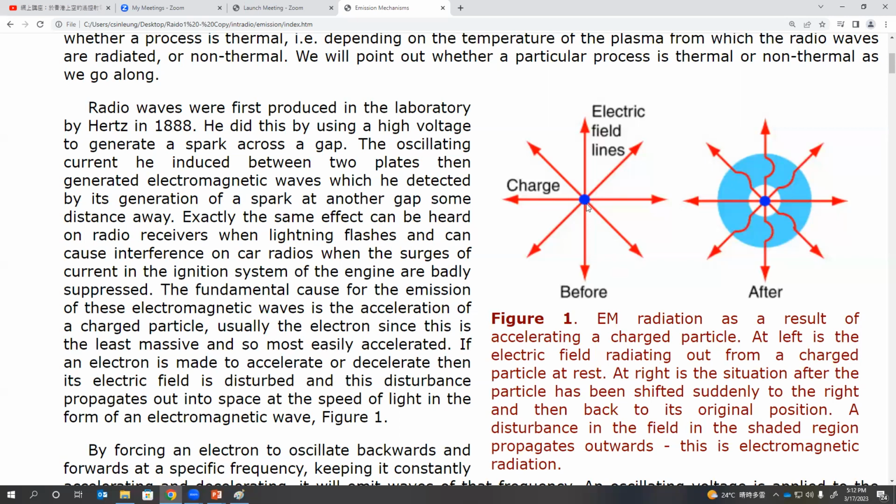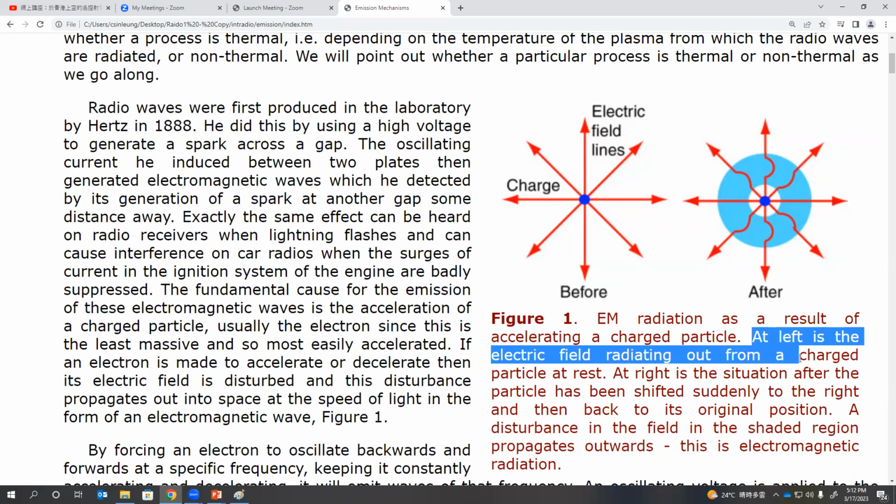Like figure 1, we would like to demonstrate what would happen if we have a charged particle at the center that is static, not moving. You can see this charge produces electric field lines in this format. At left is the electric field radiating out from a charged particle at rest.